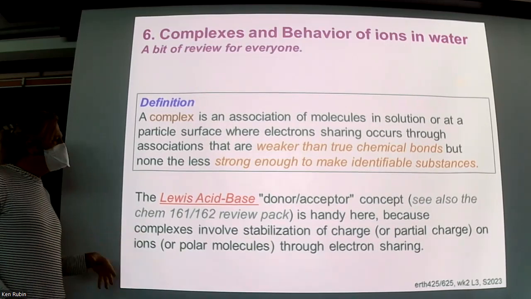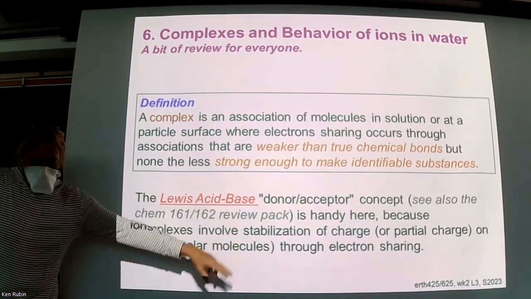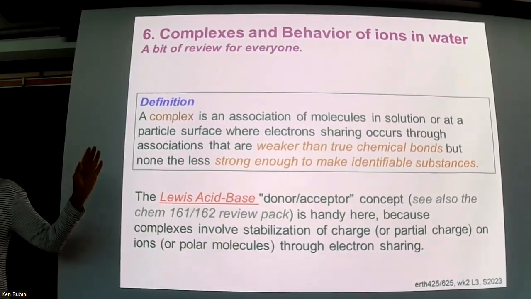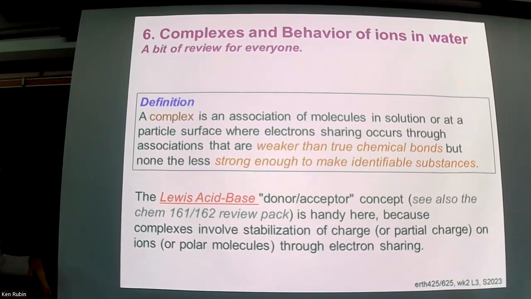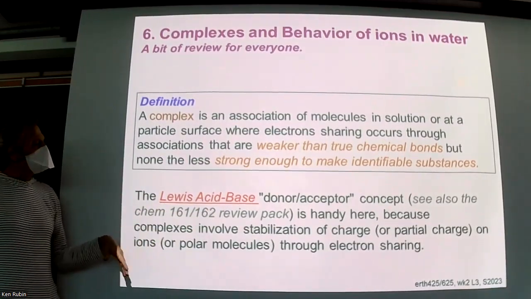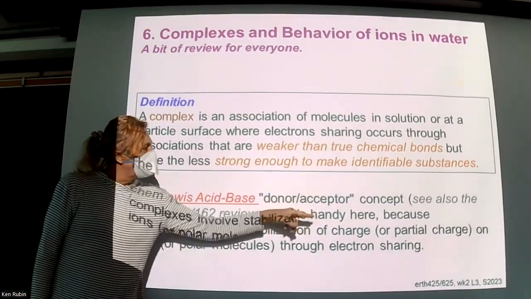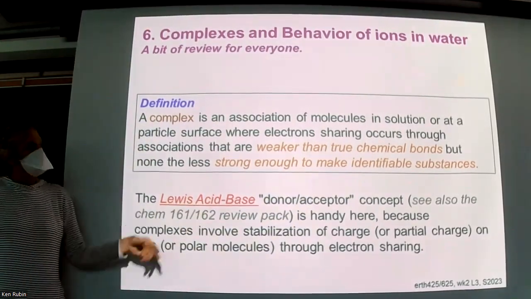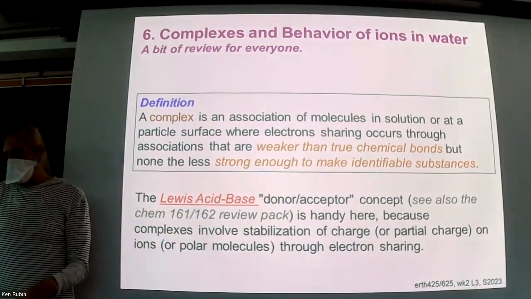It wants to pull stuff towards it, so it makes it a Lewis acid. A Lewis base is something that's like, yeah, I got extra electrons. I'm cool, I will donate one, okay? And so another way to think about Lewis acids and Lewis bases as electron acceptors and electron donors. I should have written this as acceptor donor because a Lewis acid is an acceptor of electrons and a Lewis base is a donor of electrons.